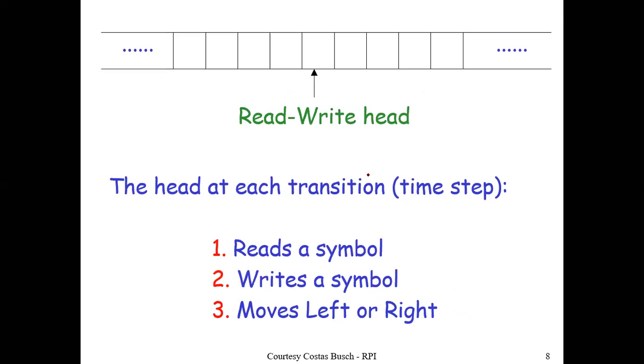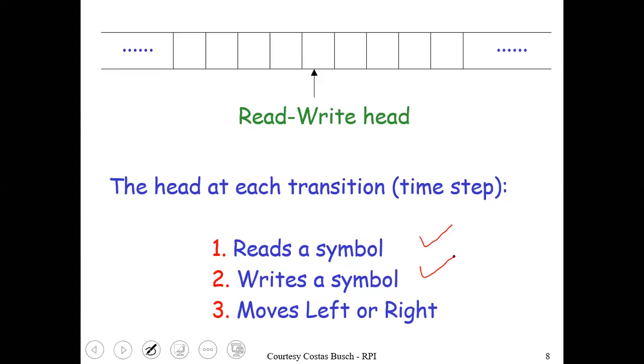When we are writing a transition on the controller structure or control unit, the head at each transition timestamp will do three tasks. One, it will read a symbol from the input tape.